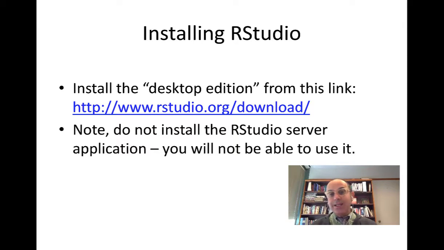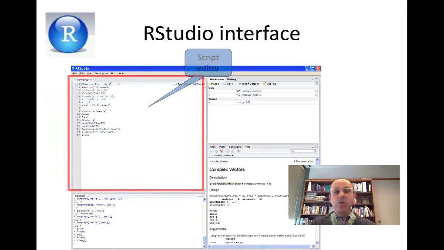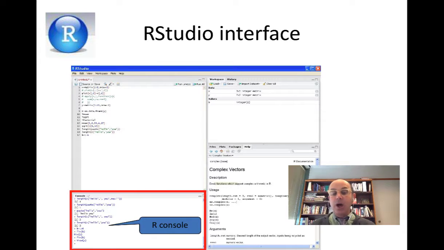R Studio is a little bit different. Its interface looks like a programming environment, and it has 4 windows. The first window is the script editor, where you're going to write your code. The second window is the console that you already downloaded, where you'll be able to see how the code runs and how it interacts with the machine.